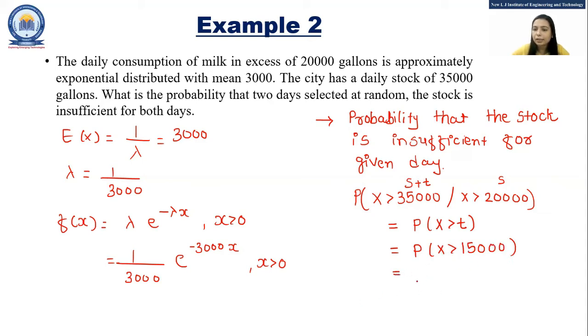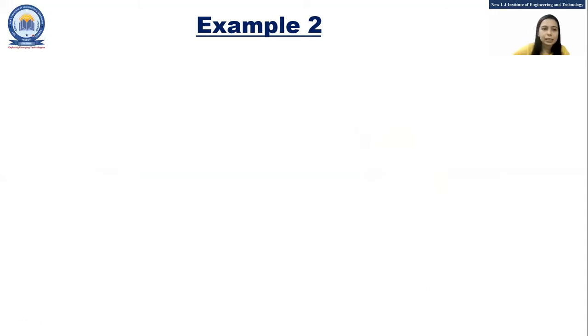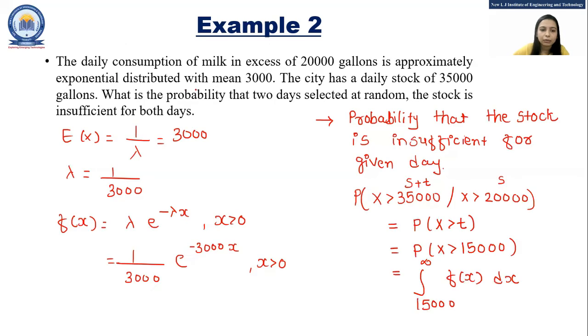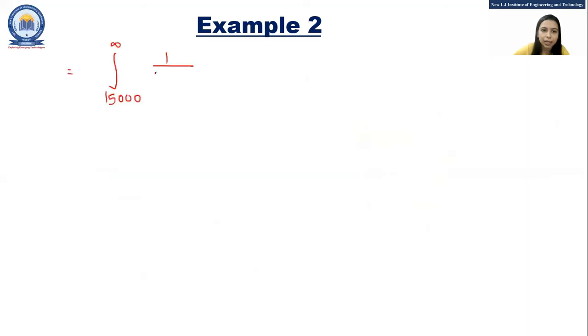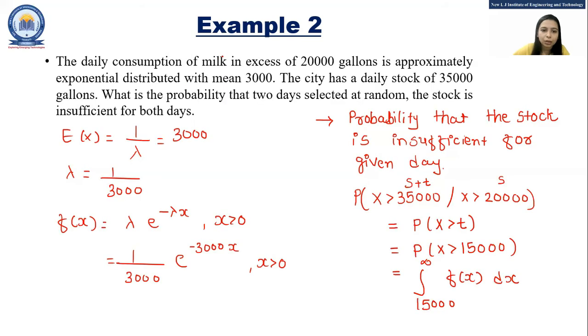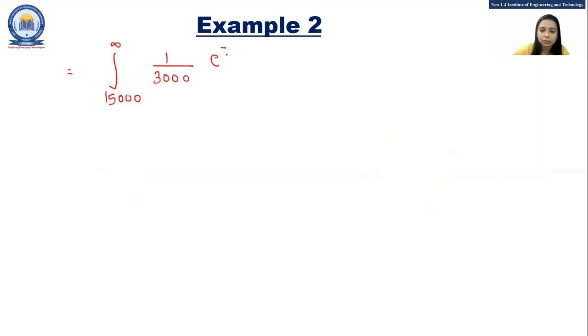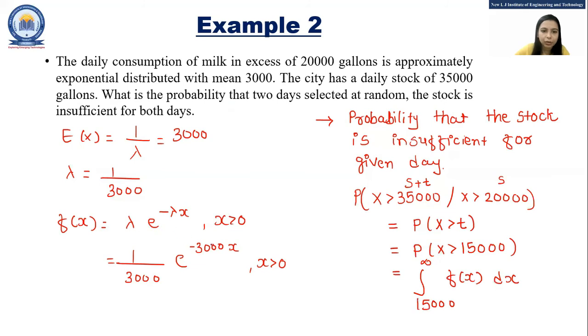Now P(X greater than 15,000) is nothing but the integration from 15,000 to infinity of f(x) dx. So that is equal to the integration from 15,000 to infinity. The value of f(x) is 1 by 3000 e raised to minus lambda x, where lambda is 1 by 3000.